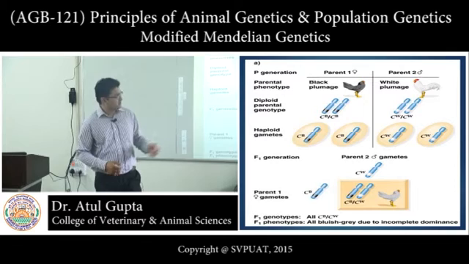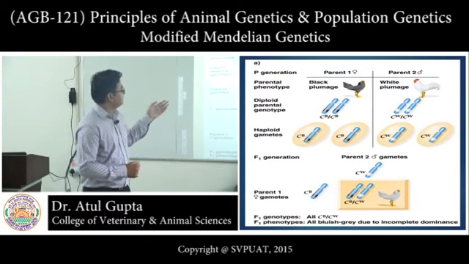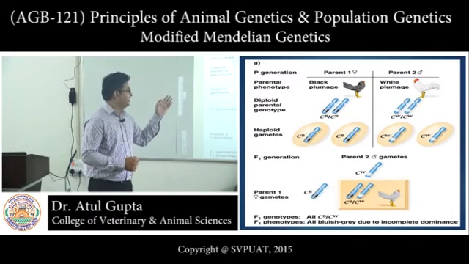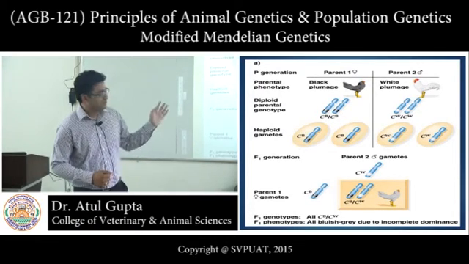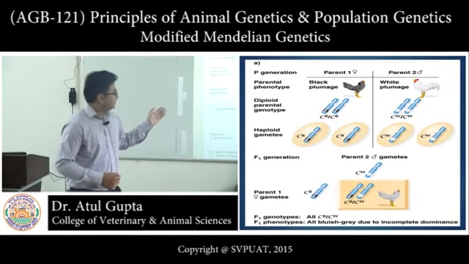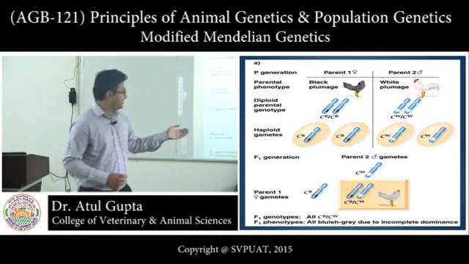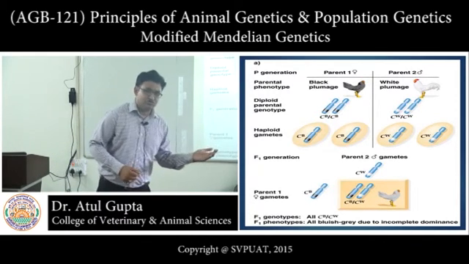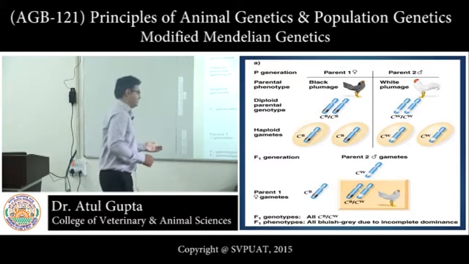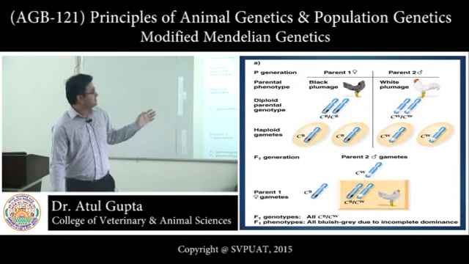The same thing is discussed here. In parents 1 and 2 we can see a black plumaged female and a white plumaged male being crossed. Then in the F1 generation we get only CB CW, all bluish gray in phenotypic appearance.